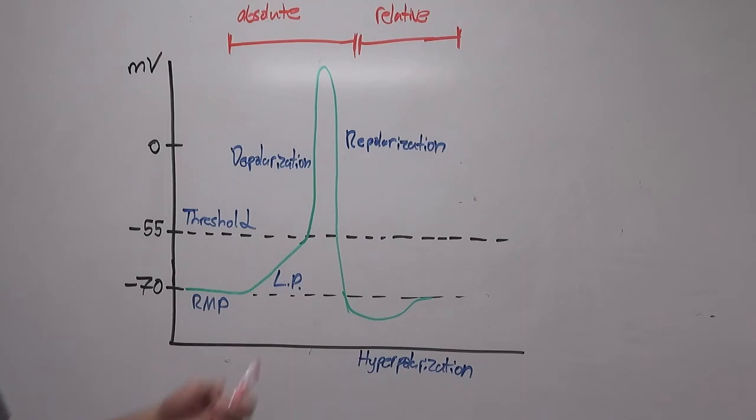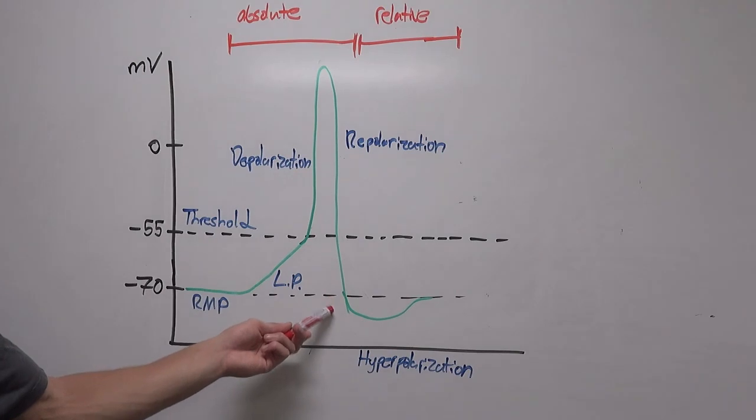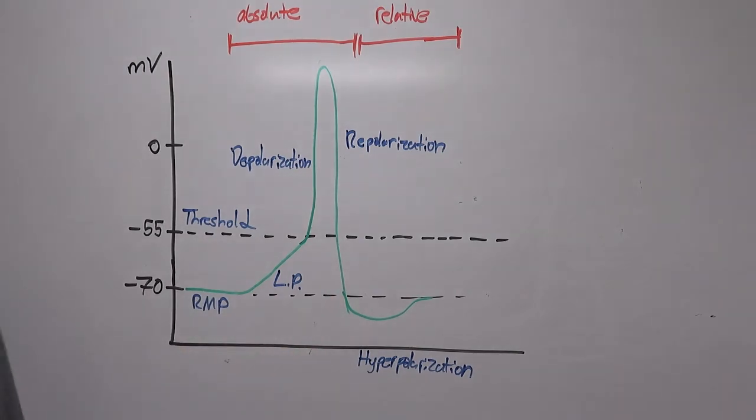So again, those leaky channels can restore that resting membrane potential fairly quickly, because this is probably within about a 5 millivolt range. Alright, so that is the graphical representation of an action potential.